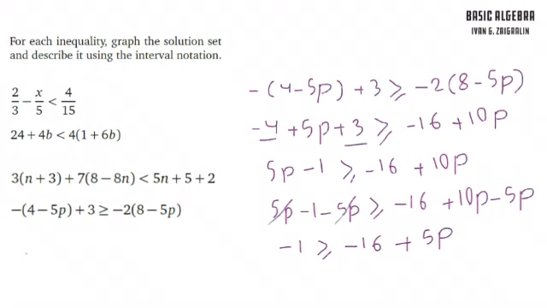And now we add 16 to each side. Negative 1 plus 16 is greater than or equal to negative 16 plus 5p plus 16. So this 16 goes with this negative 16, and negative 1 and 16 are like terms, and the result is 15 is greater than or equal to 5p.